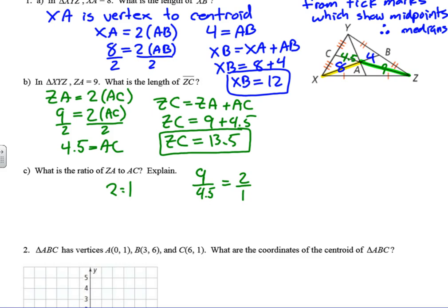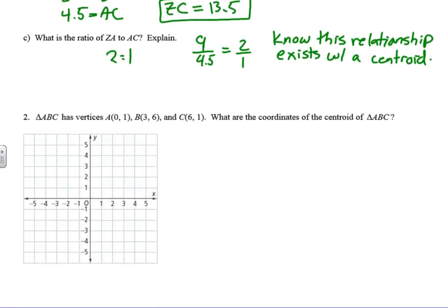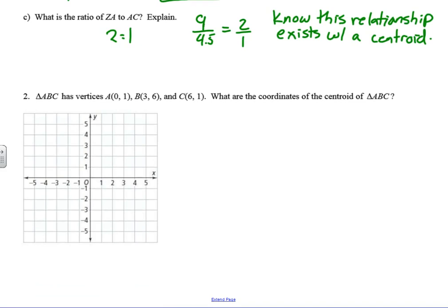And we just know this relationship exists with a centroid. So again, this is one of the most commonly asked types of questions related to this topic, about the length. For the first part of this chapter, this one gets asked a lot.